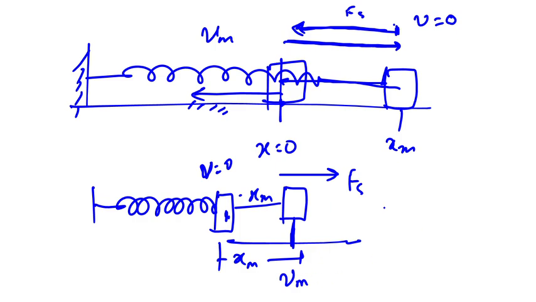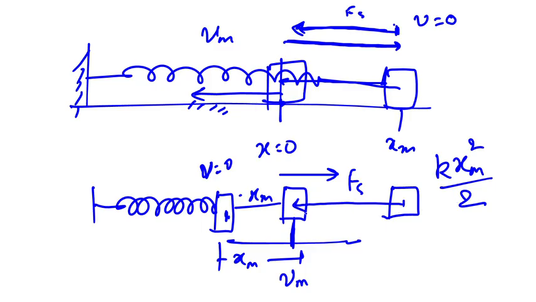So what is happening? It has some potential energy here, minus of minus kx square, that is minus of the work done by this spring force, xm square divided by 2. And when it reaches this point, its potential energy drops to 0 again, because x is 0 here.